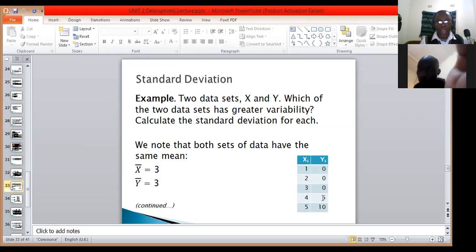For Y, you add them, divide by 5, and you get 3. So both sets have the same mean, which is 3.